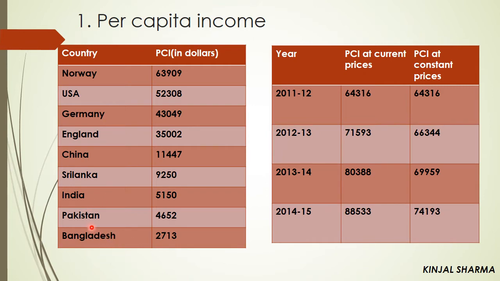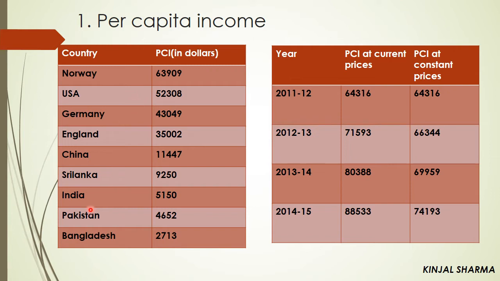Bangladesh has the lowest per capita income, which is 2,730, and India, which is a developing country, has a per capita income of 5,150, which is lower than that of developed countries like USA and Norway.